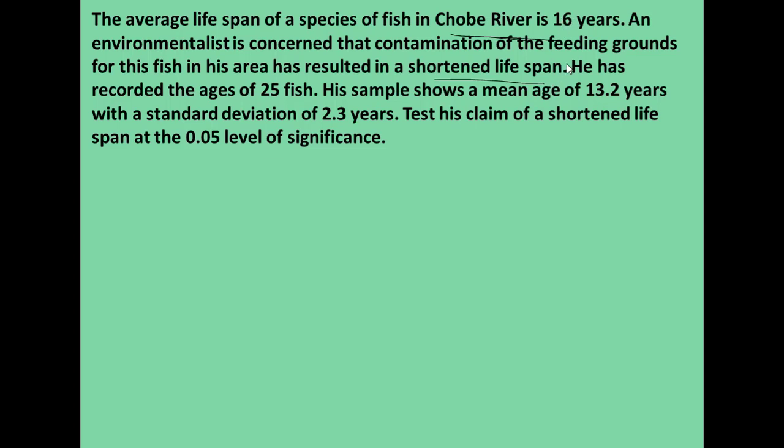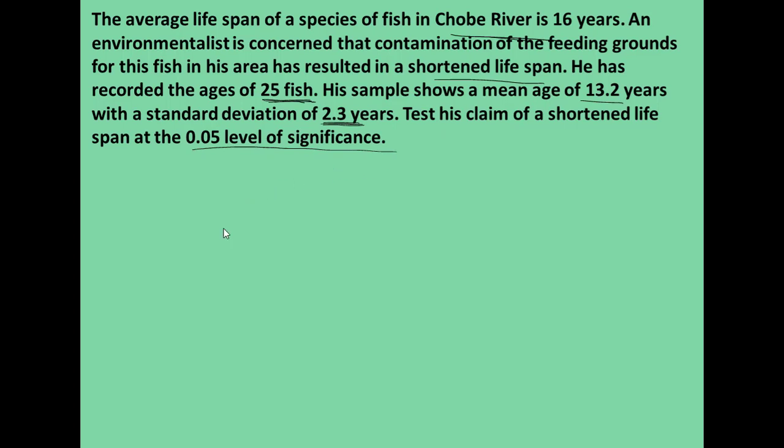In order to prove his claim, he has recorded the ages of 25 fish. His sample shows a mean age of 13.2 with a standard deviation of 2.3, right? So we are dealing with a small sample size of less than 30 and a sample standard deviation. That means we are going to have to use the t-distribution. So test his claim of a shortened lifespan at the 0.05 level of significance.